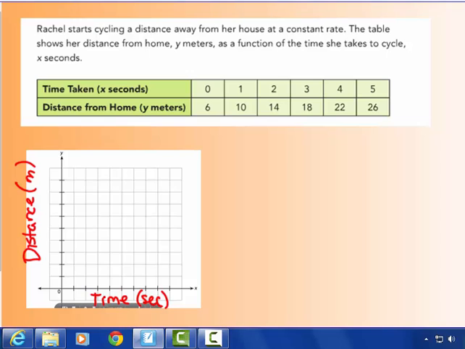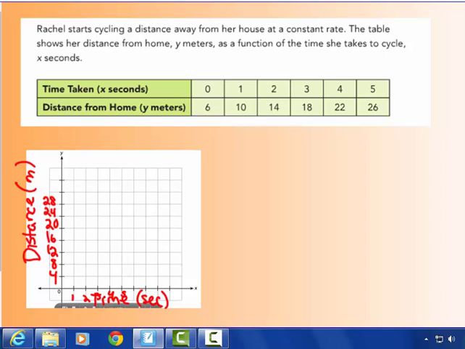So it looks like my y-axis should probably go up by 4s, and my x-axis is counting by 1s. 1, 2, 3, 4, 5.